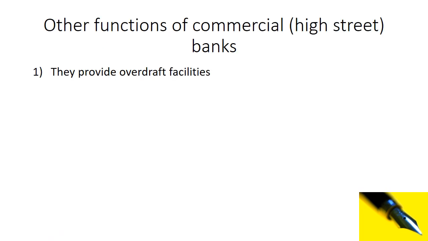So other functions of commercial and high street banks, other than what we've talked about so far, is they provide overdraft facilities. We saw this in lesson 1. So an overdraft is where you spend more money than you have in your account. Now, that may not sound like a very good thing, but what it does is it gives you some flexibility.